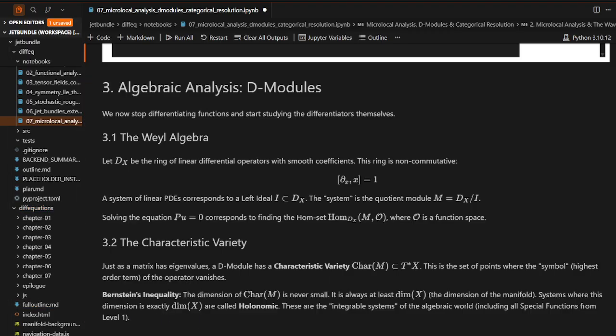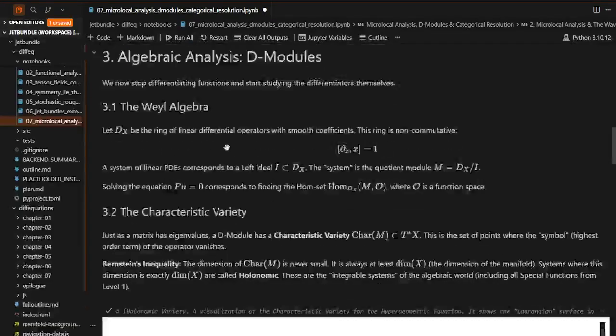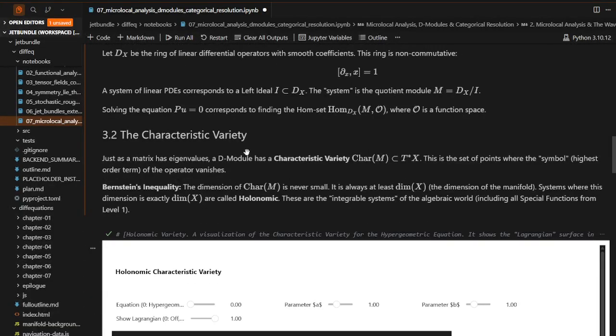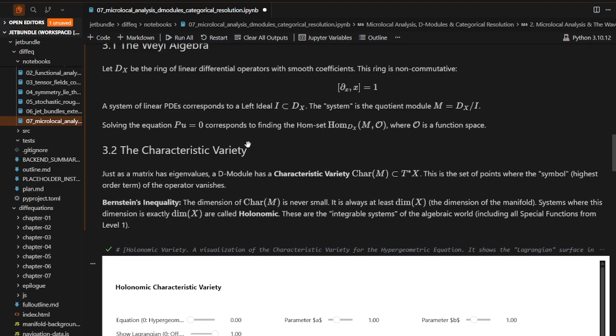Okay, and why is that important? Because this will allow us to define something called the characteristic variety. What is that? Well, the characteristic variety is said to be a variety of a characteristic, and a characteristic that is a variety. I'm just joking. So it just has, a matrix has eigenvalues, right?